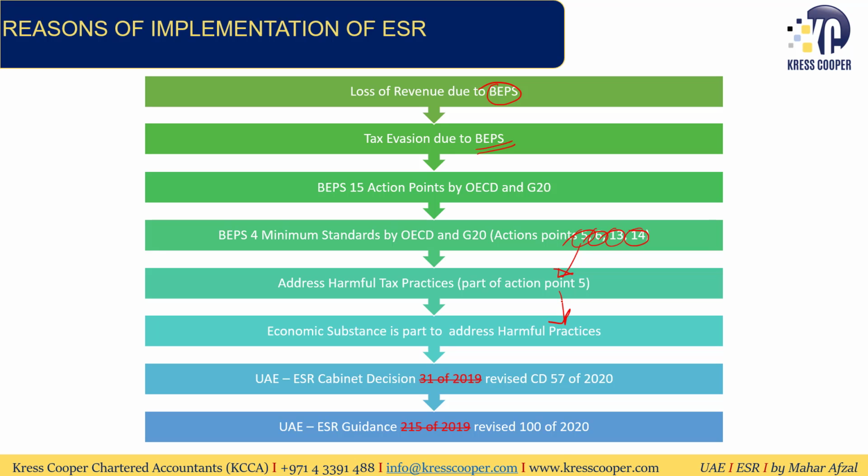The UAE, being a member of the OECD, had introduced ESR Cabinet Decision 31 of 2019 earlier, but later on it was revised, and the revised Cabinet Decision 57 of 2020 was introduced. The UAE issued ESR guidance as well in 2019, 215 of 2019, which was later revised with the ESR guidance 100 of 2020.